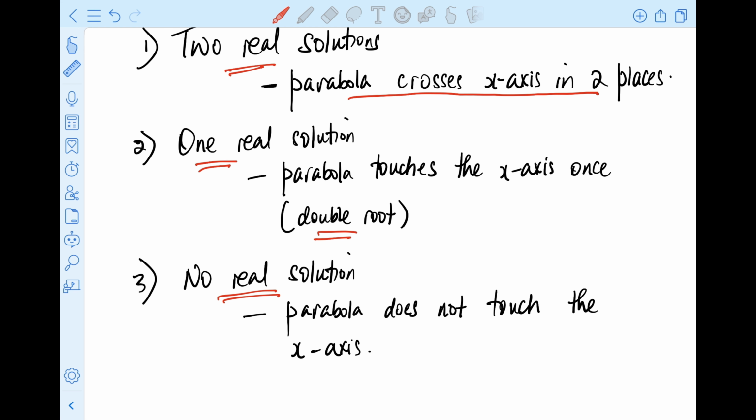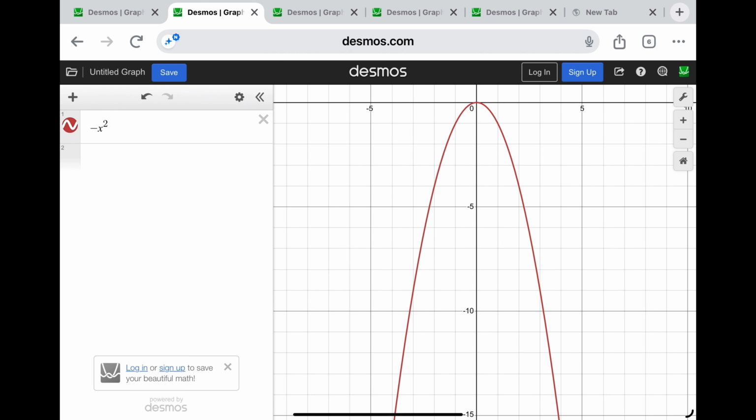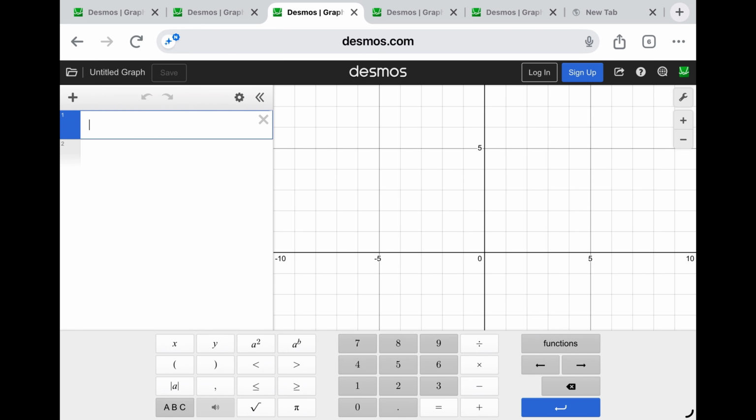Now, I want to sketch some graphs in Desmos just to show you what this looks like graphically. So let's go to Desmos and look at this one here. I'm just going to graph 4x squared minus 2x plus 7.